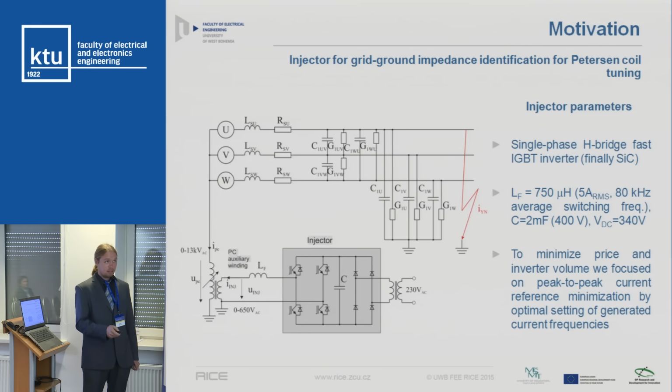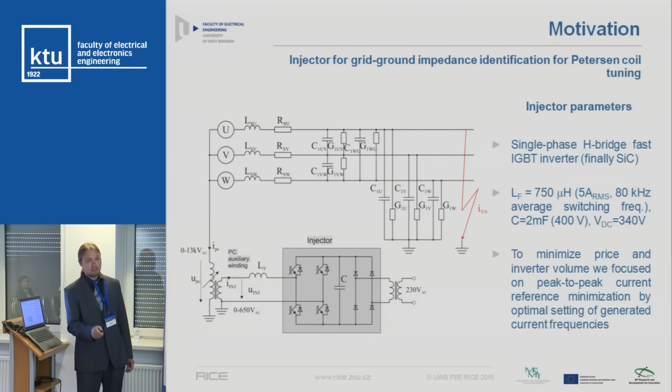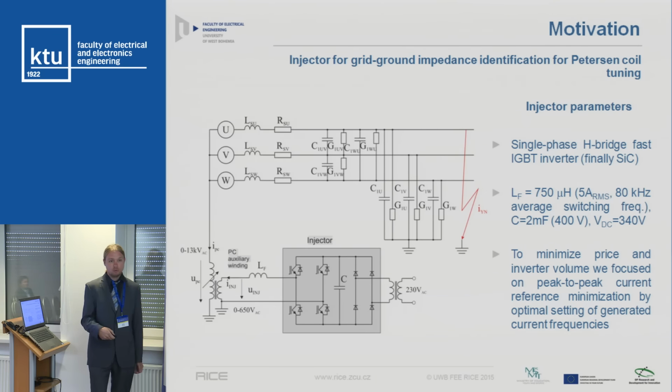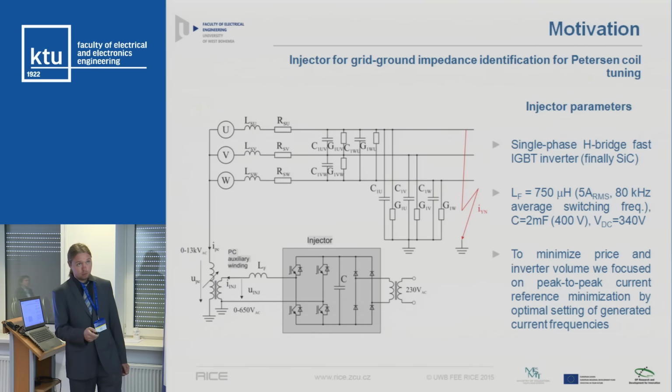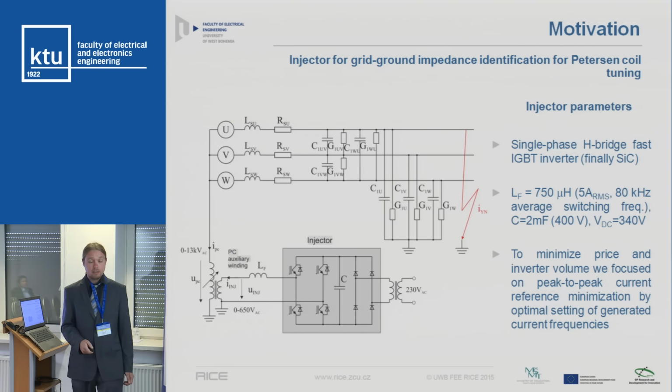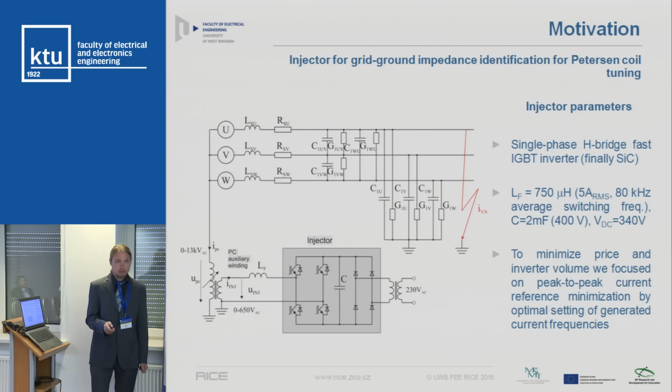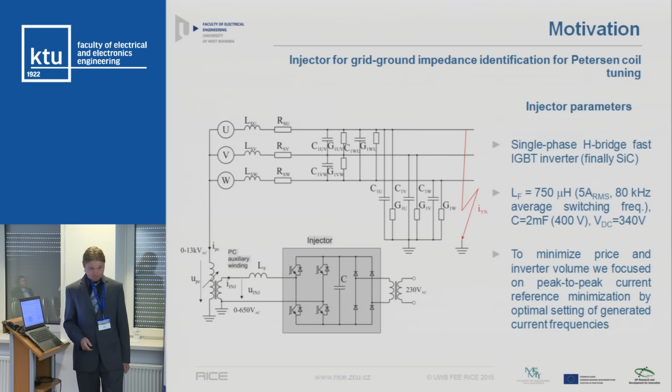If there is some ground connection, we switch off our injector, because it's not necessary to inject harmonics into the grid network if there is any grid-to-ground connection, phase-to-ground connection.